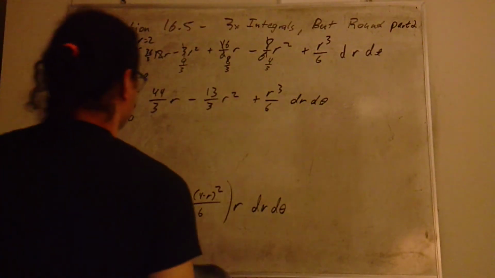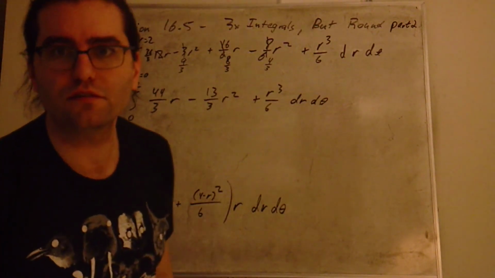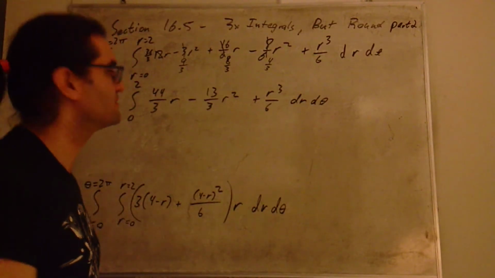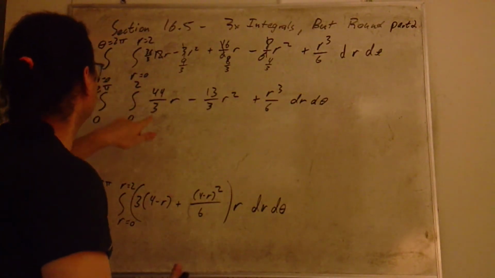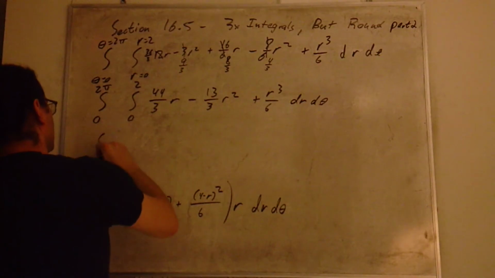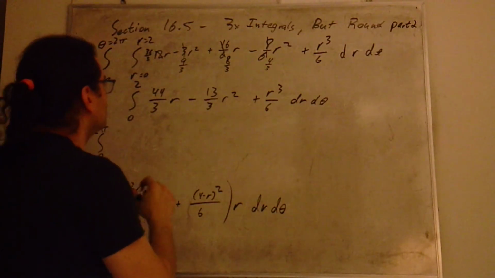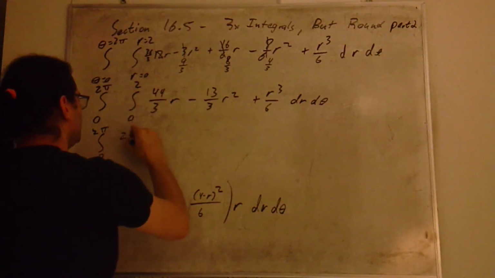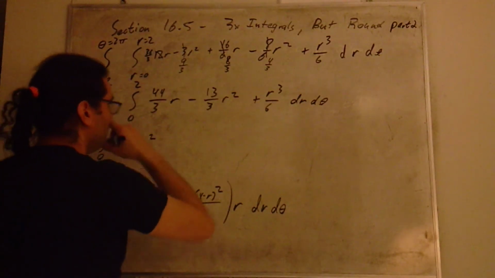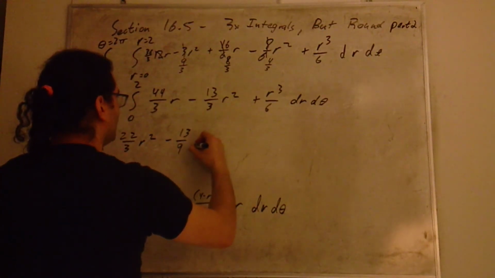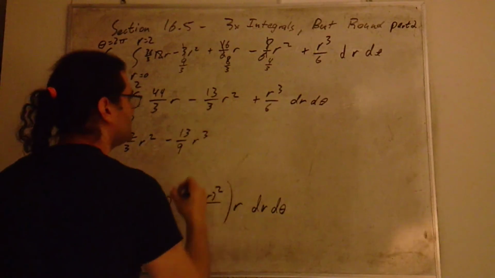We are now ready to integrate. Still good on time. 18 minutes and change. 19 minutes basically. Okay, so still going from 0 to 2 pi on theta. This is going to be 22 thirds r squared. This is going to be 13 ninths r cubed.